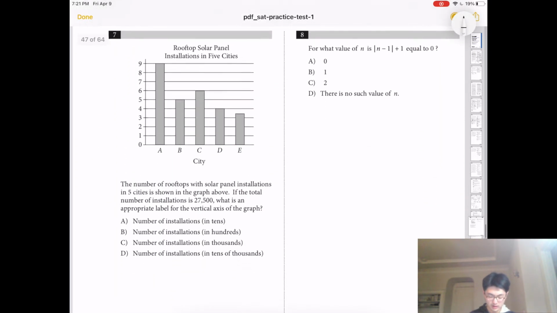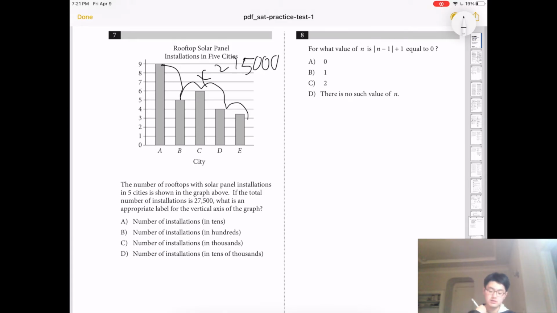Okay, number 7, the number of rooftops with solar panel installations in 5 cities is shown in the graph above. If the total number of installations is 27,500, what is an appropriate label for the vertical axis of the graph? So we're assuming that if we add all this together, we're going to get 27,500.